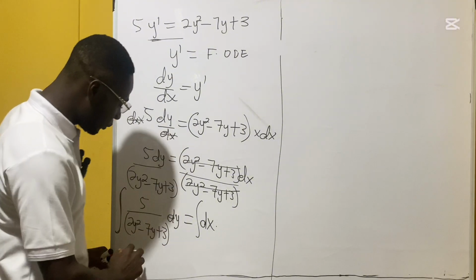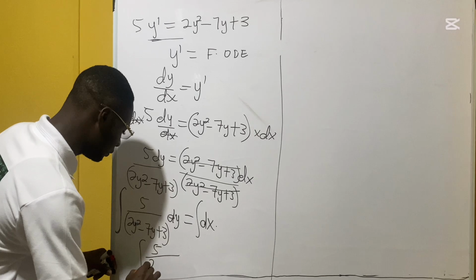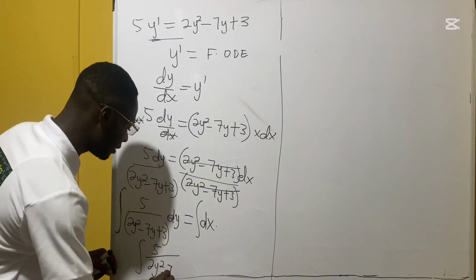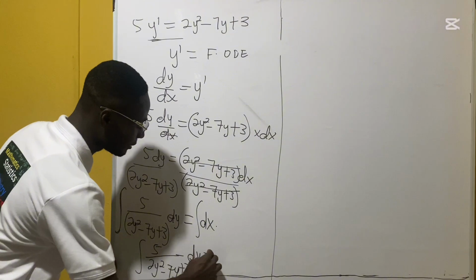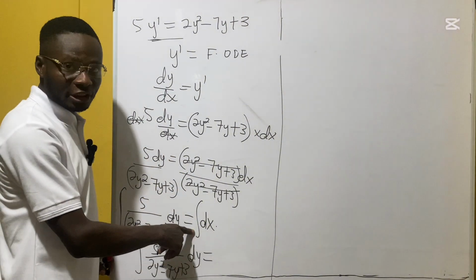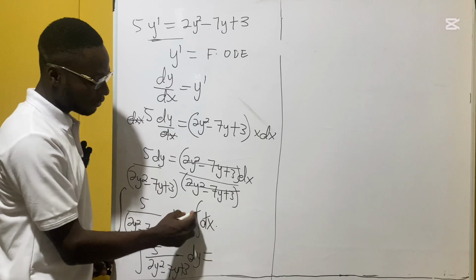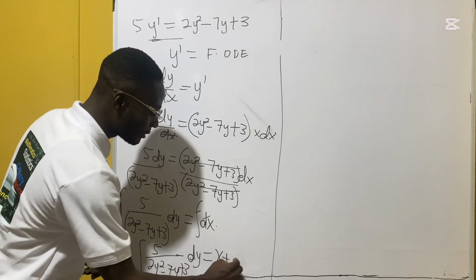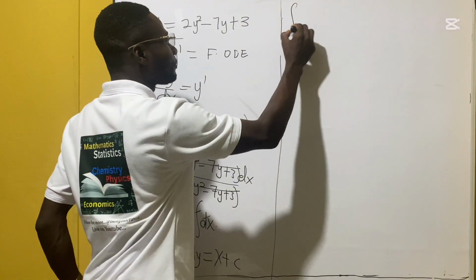So we go up here: the integral of 5 over 2y squared minus 7y plus 3 dy is equal to the integral of dx, which is of course x plus c. So let's move up.